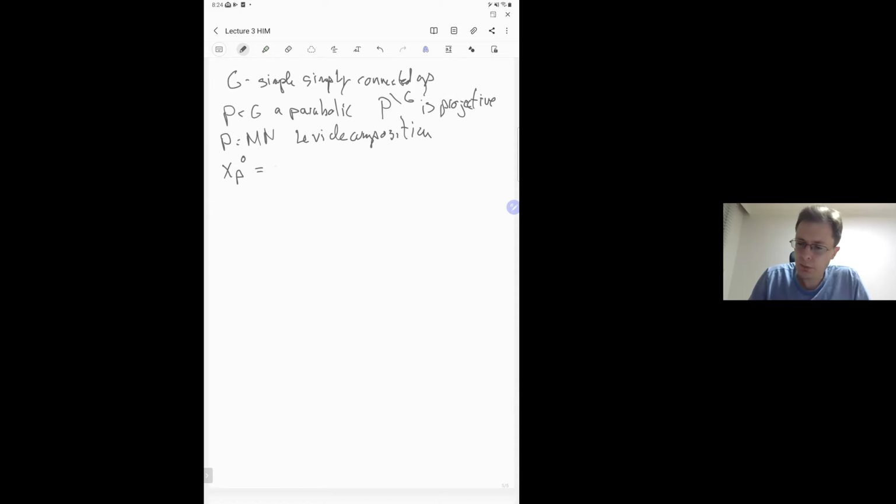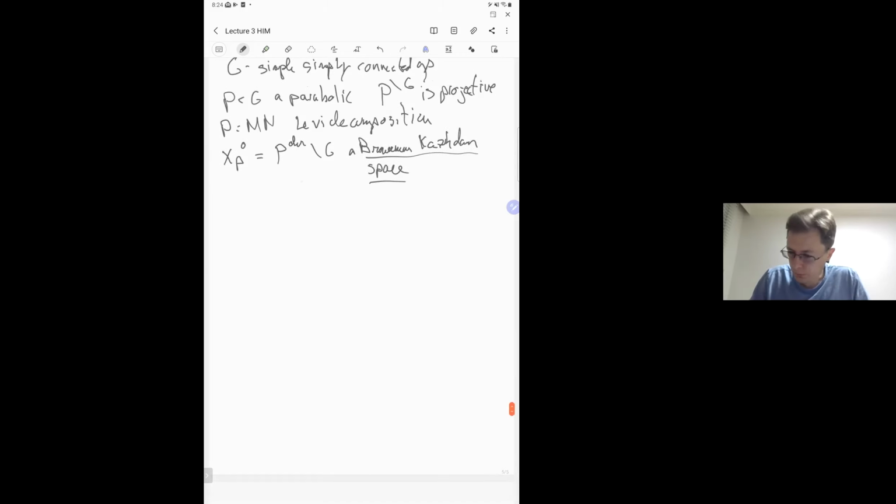So I'm going to set X_P circ to be P derived mod G. This is a Braverman-Kazhdan space. So it's almost a flag variety in the sense that it has a map down to G mod P, which is a generalized flag variety, and it's some torus bundle over this.